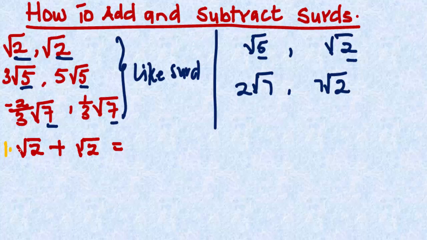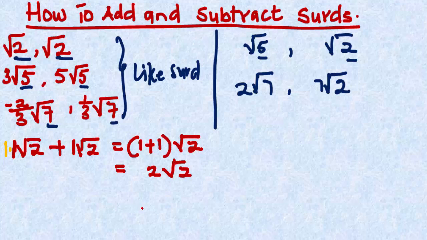So we have 1 multiplying root 2 and another 1 multiplying root 2. So we add the numbers outside the root, 1 plus 1, then we multiply by the like surd, root 2. Are you okay? So when we simplify, you get 2 root 2. As simple as that.